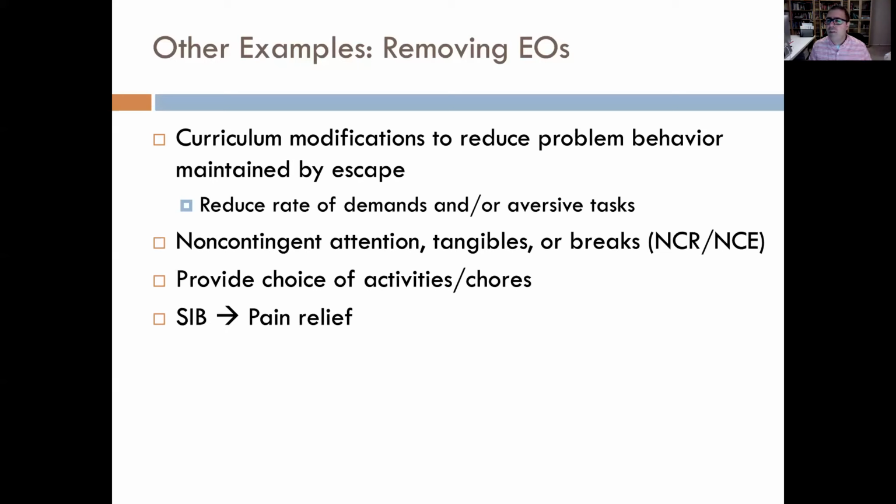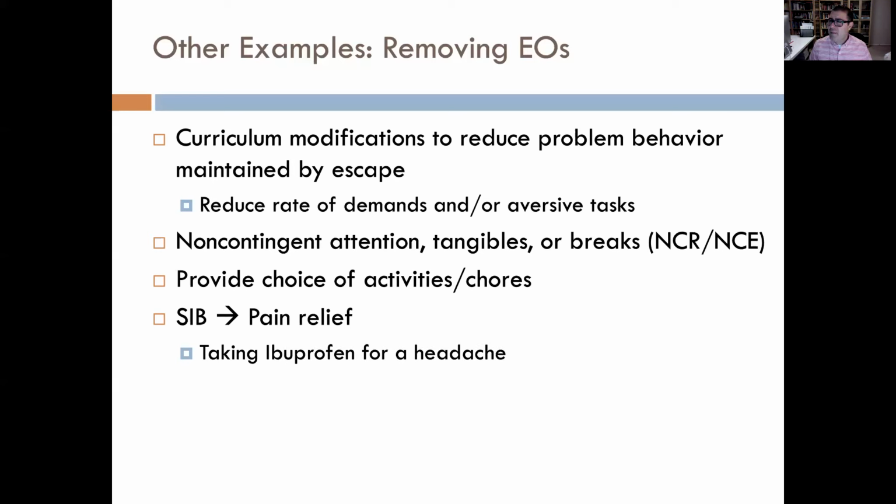Imagine you have self-injury behavior that occurs to relieve some pain. Kid has a headache, or individual has a headache, engages in some sort of self-injury, and therefore somehow relieves the pain.